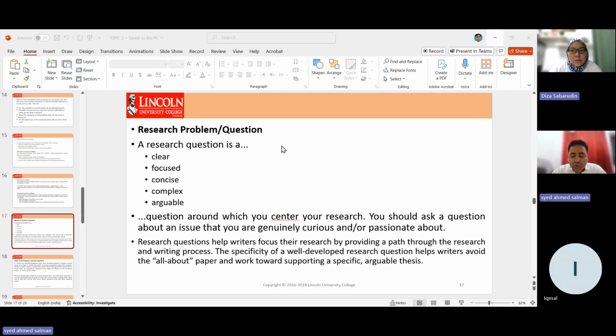What was the issue? What was the question in the problem statement? The issue was there is no academic performance. Why was there no academic performance? Because they were using social media. Now, first thing you have to understand: whenever you are developing the research question, it should be focused, concise, clear, complex, and arguable.